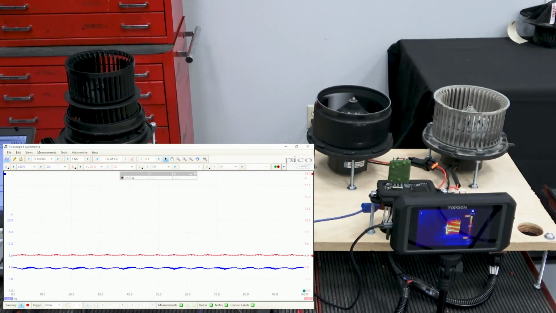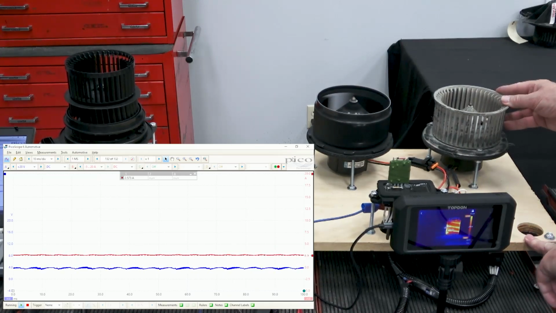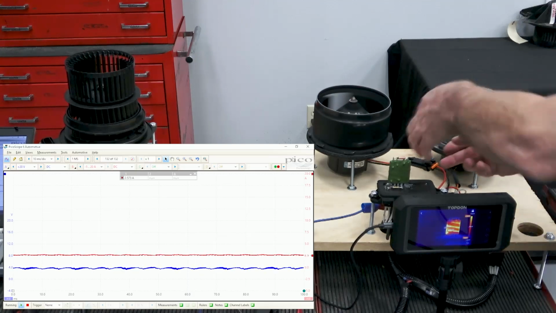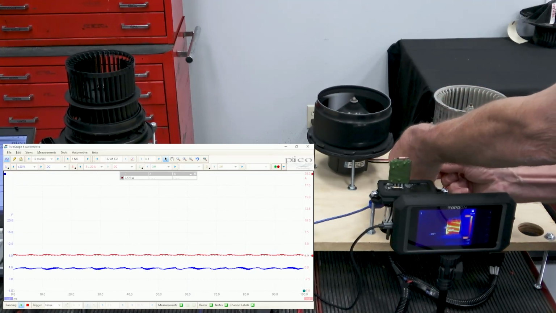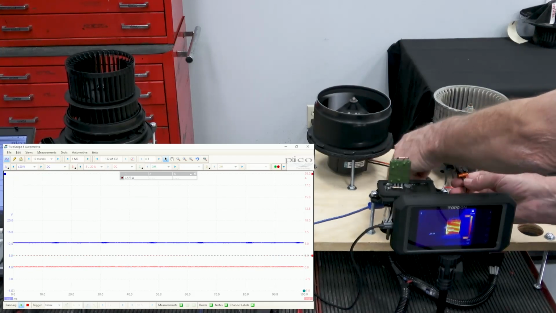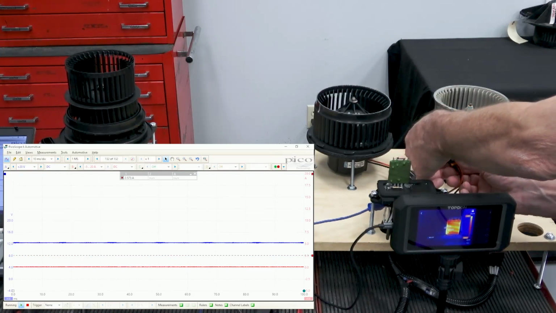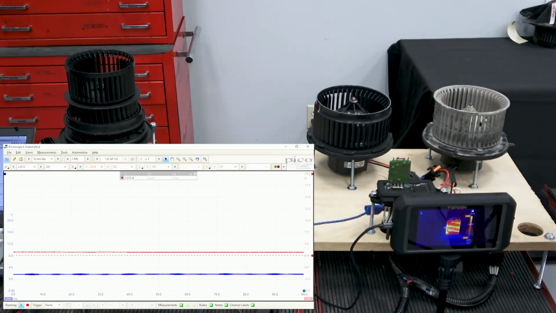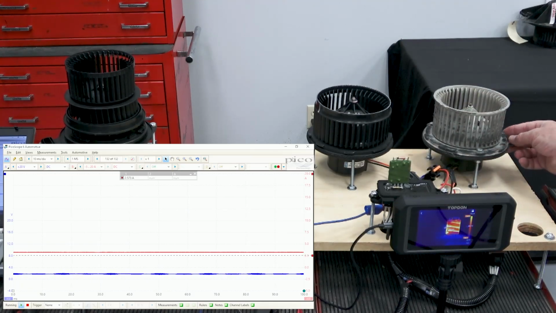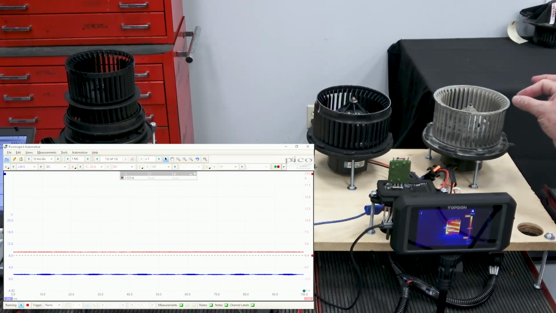So this blow motor on the right, that we looked at before, actually has a problem. I'm just going to switch my power supply from the good motor to the bad motor, and we're going to look at the impact on current and on the blow motor resistor temperature. If we look at this motor again for a moment, you can actually see that it's moving by a tiny amount.